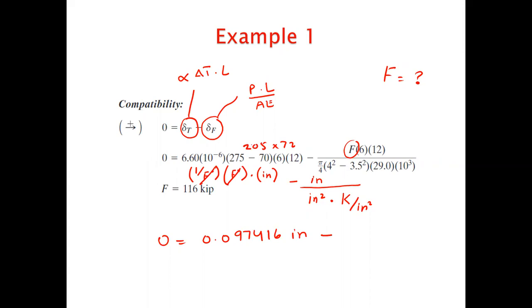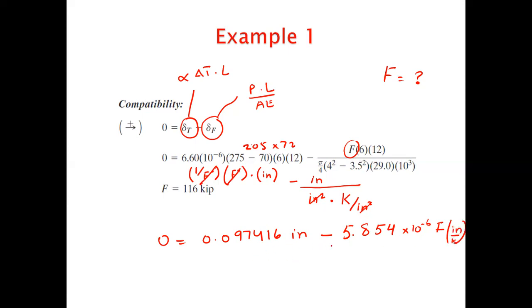So this value will be 5.854 into 10 raised to the power minus 6 F. In here, the unit will be: inch square will be cut by inch square, and here the unit will be inch per kip.